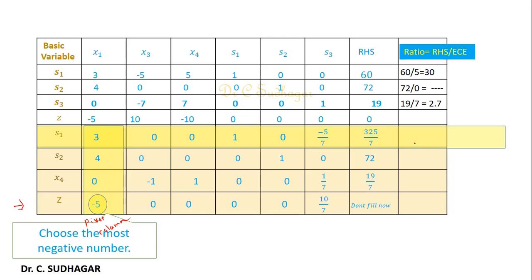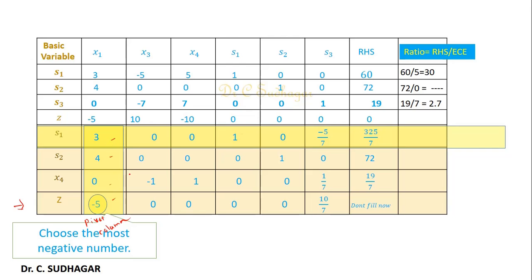Now what happens here is S3 was replaced with X4. What is the rule for this last column? The ratio will be calculated by the right hand side constants, that is these numbers, divided by the entering column element. So these are the entering column elements now.